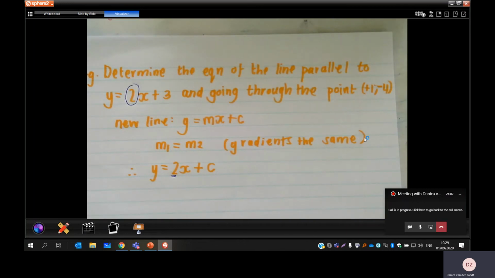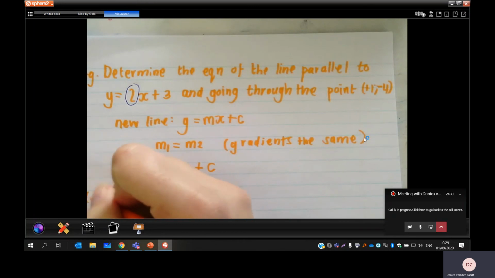But I need to get a full equation, which means my c value still needs to be solved. What information can I use to solve for that c value? I don't have the intercept yet, no. The coordinate given. I gave you a coordinate, so I just have to sub.